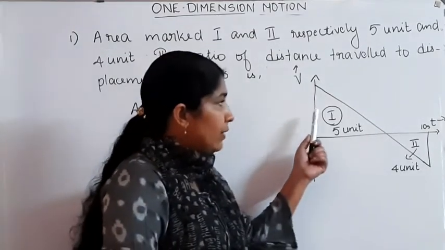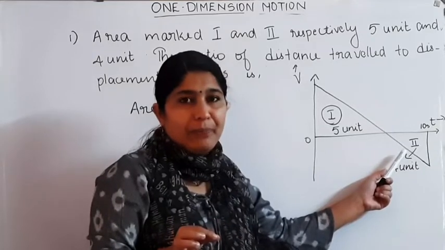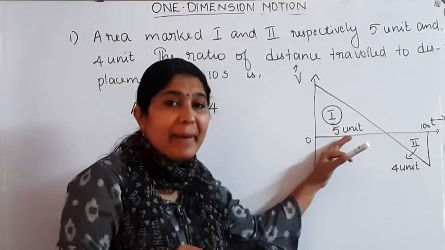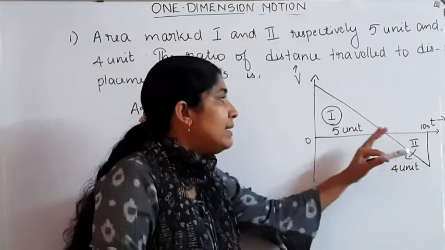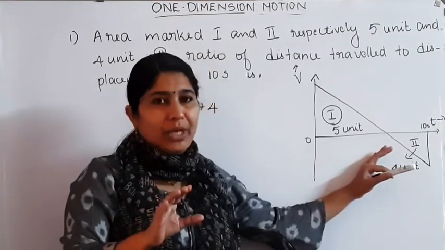That 9 units gives the distance traveled by the body, because distance is a scalar quantity, so we consider only the magnitude.